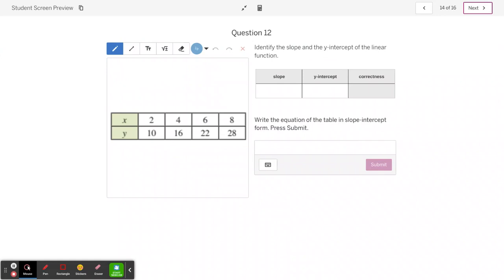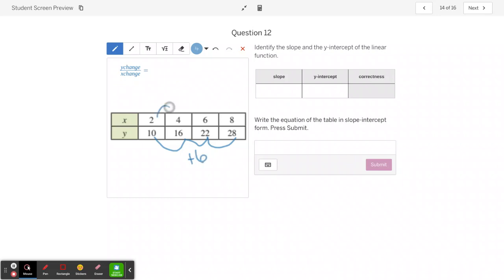Here's where it can get a tiny bit tricky when we're finding slope and y-intercept. Of course, if you remember, to find our slope, it's the y change over the x change. And in this situation, my y's 10 to 16, 16 to 22, 22 to 28, they are going plus 6.